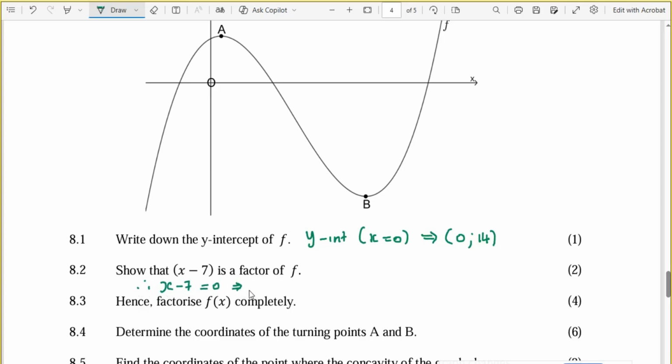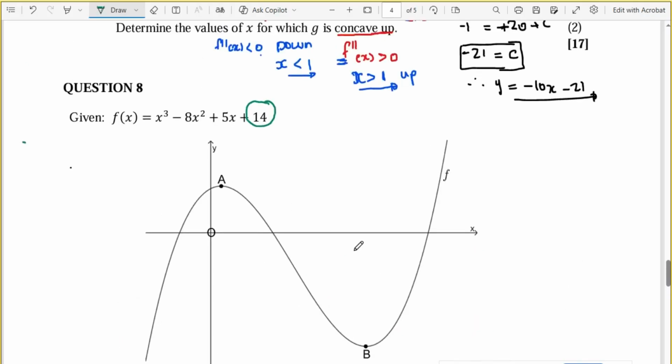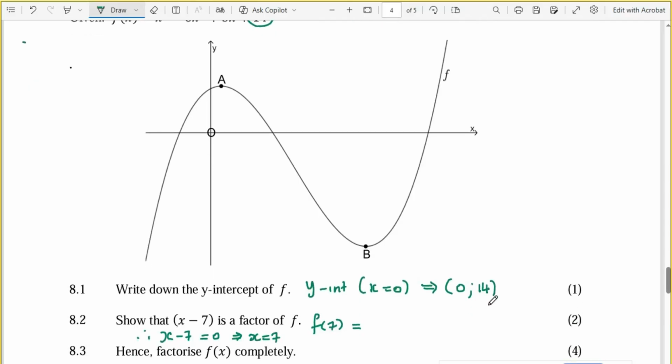What do I get? I get x is equal to 7, right? So this tells me that when I find f at 7, the answer should be 0. So on the original equation, when I substitute 7, I should get an answer of 0.